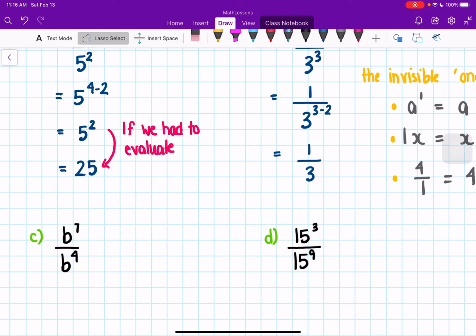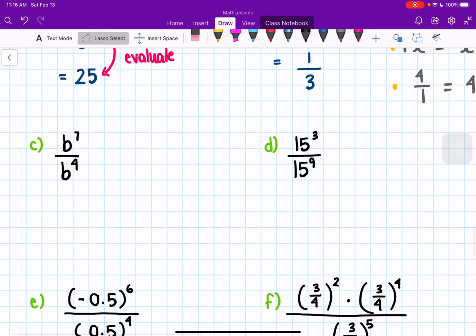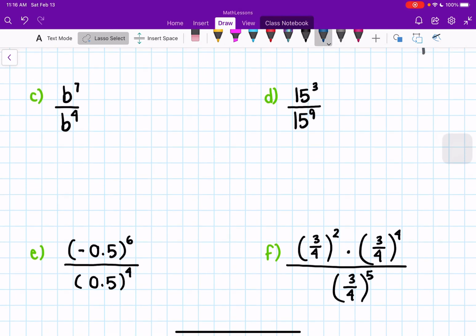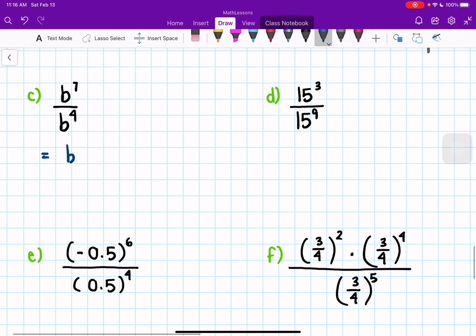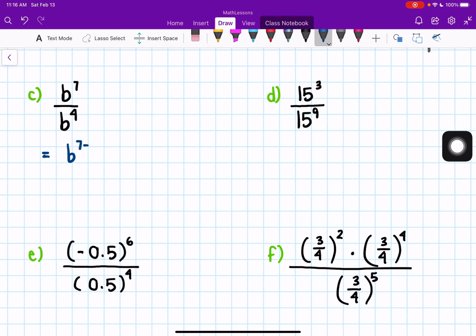Okay, so now we're going to look at this one. Here, they've actually drawn it for us in fraction form. So we're going to go B, and the power is greater at the top. So there's 7 and 4. So 7 is a higher power. So we're going to go 7 minus 4, and then that will give us power 3.